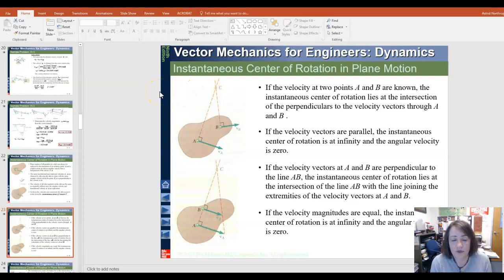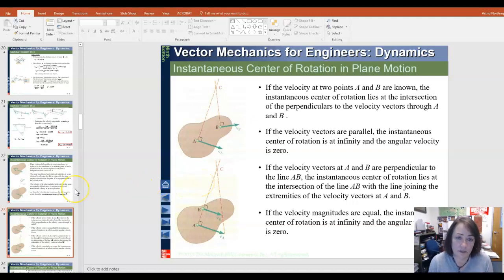At that point, when you find that r, you can say VA is equal to omega crossed with r, which is the distance from C to A, and likewise from C to B. The total velocities of those points are going to be different, the r's are going to be different, and the omega is going to be the same.